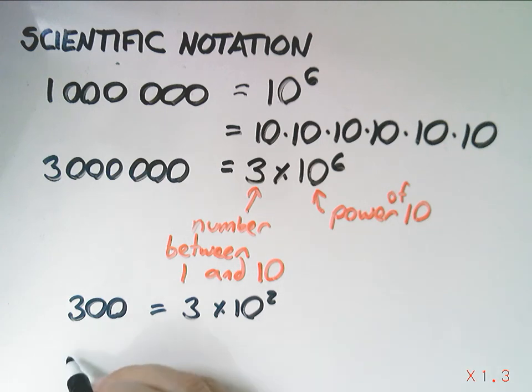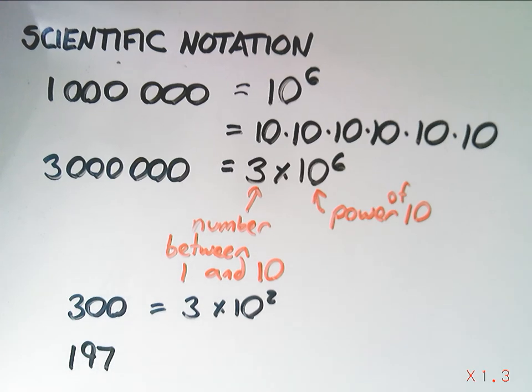But what if I had something like this? 197, and I want to put that in scientific notation. Well, I have to make this into a number that's between 1 and 10. So what I'll do is, the decimal point was right here, right? So I'll bounce it 2 places to get a number between 1 and 10.